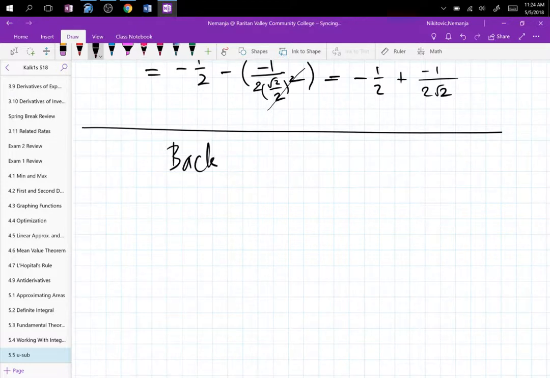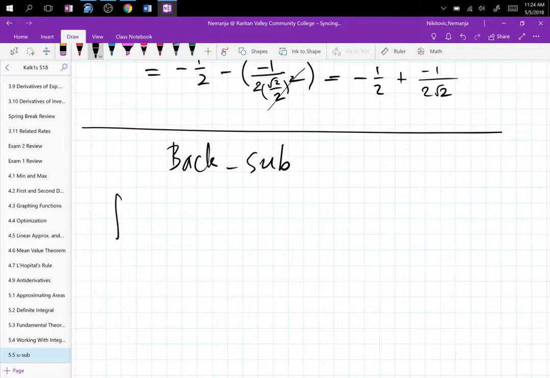The last concept is back substitution. And this one, in general, is tricky because you have to back substitute certain values.